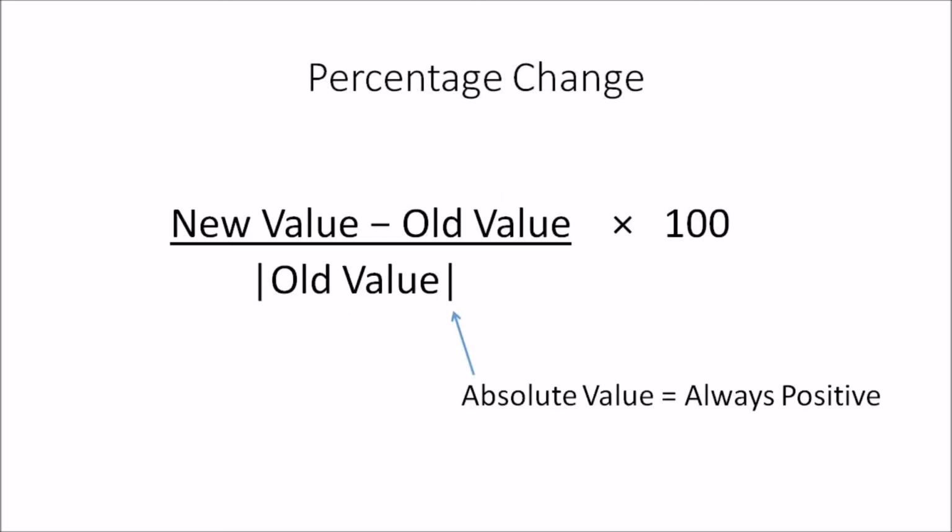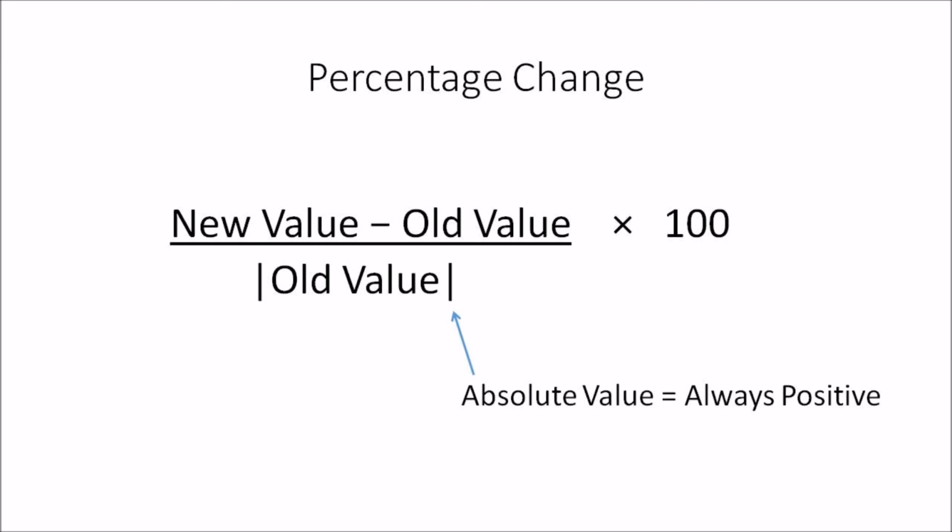So in order to recap, the formula to use in order to calculate percentage change is the new value you have minus the old or the original value you have divided by the old value. Now always use a positive for the old value. Multiply that by 100 in order to find your answer. And if your answer is a positive answer, that means it's a percentage increase.